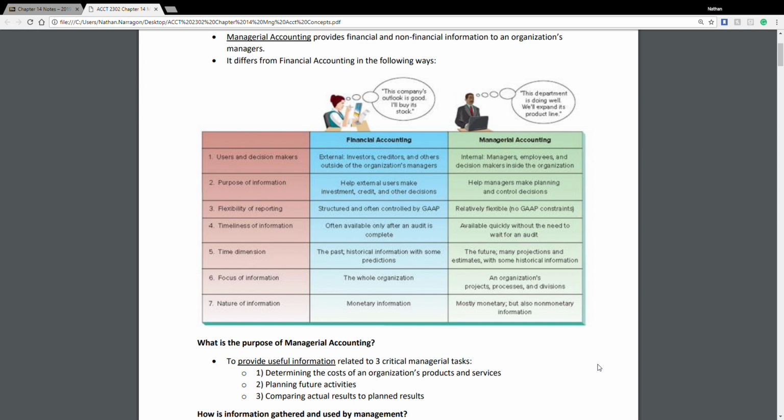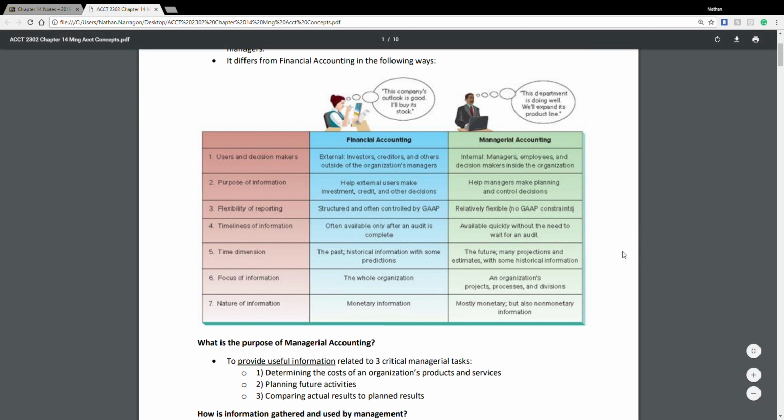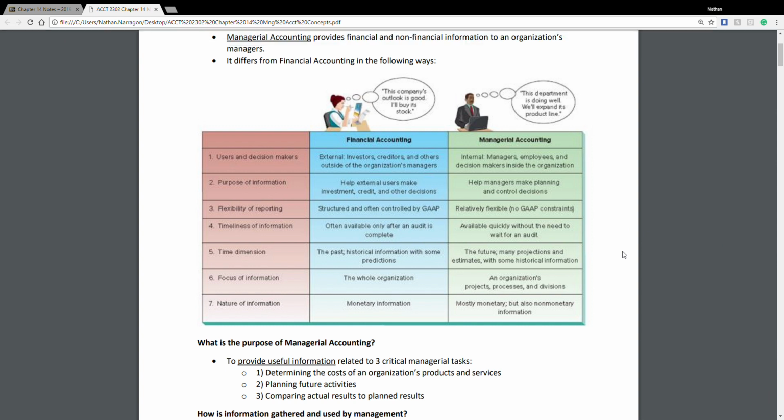The dimensions, of course, have to be future-oriented. They're going to be about projections, and in later chapters we're going to do a lot of projections. We're doing budgets. We're going to be going through a lot of stuff to help our clients, to help our managers.